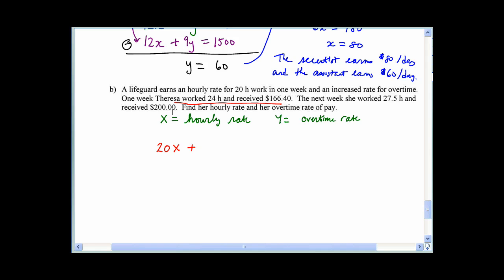Regular hours, 4 overtime hours, 166.40.